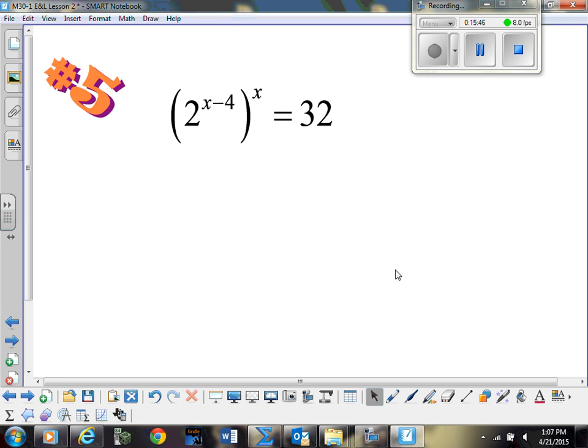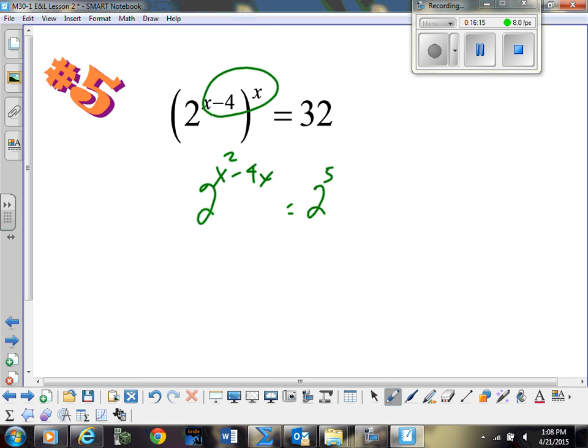32. I recognize 32 as a power of 2. So just to make sure, 2 exponent 6, no, it's 2 exponent 5 is 32. So if we have this exponent raised to another product, I have to multiply. This time it looks a little different because I get x squared minus 4x equals 2 to the 5.